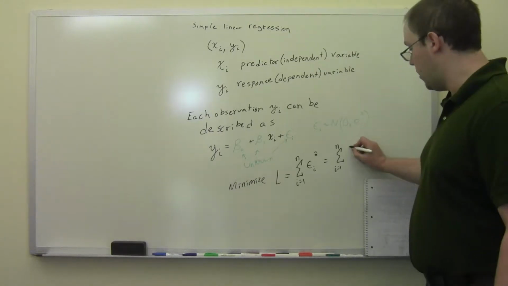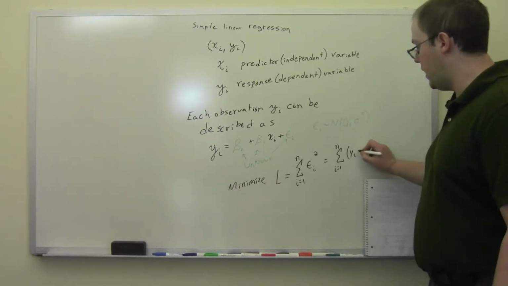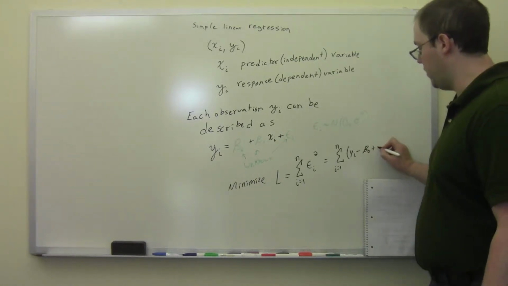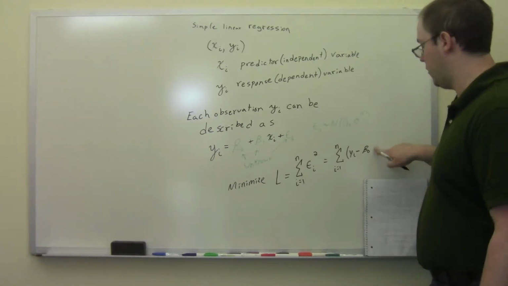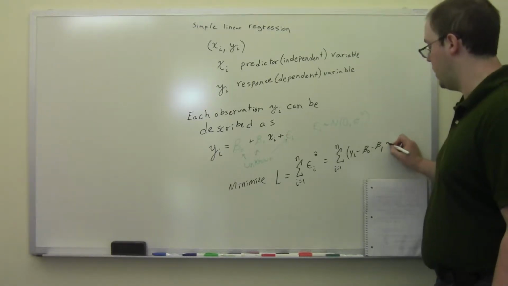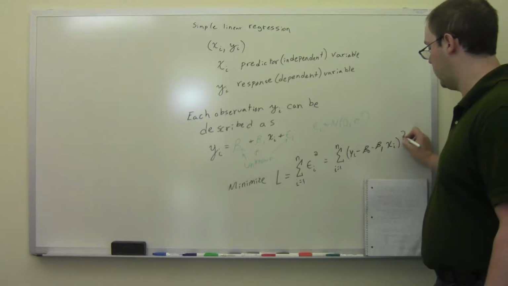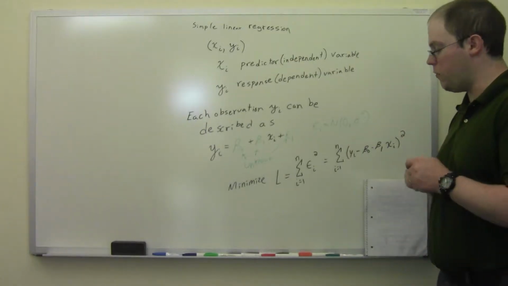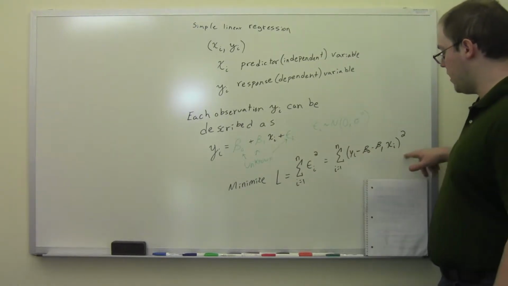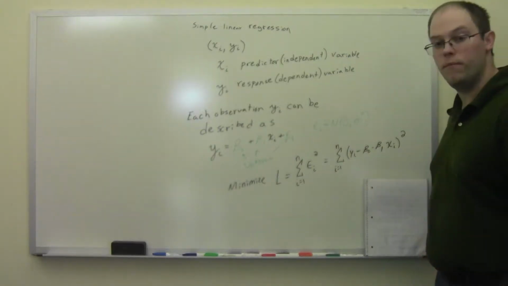So I could say yi minus beta 0, and the minus would carry through, minus beta 1 xi, squared.